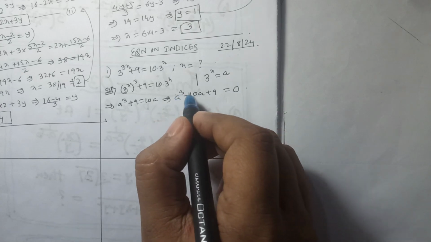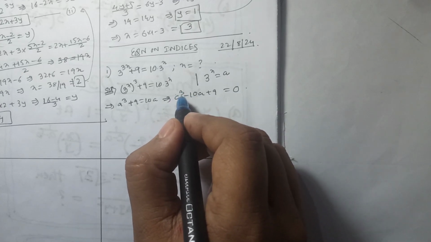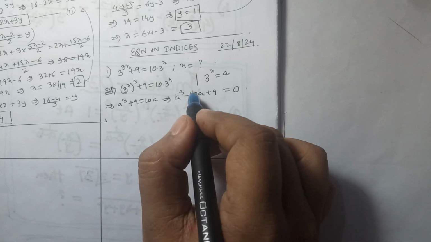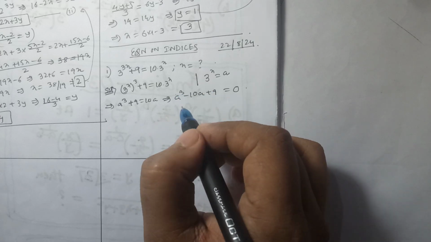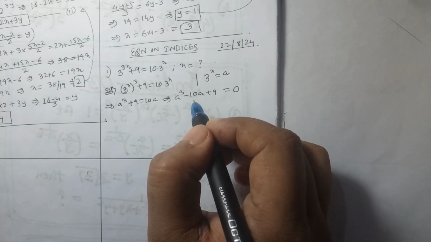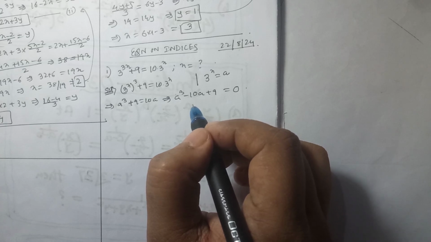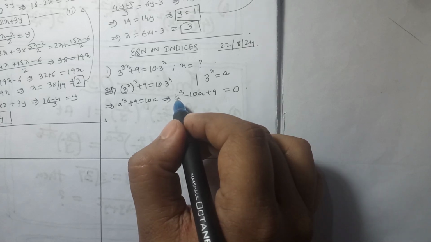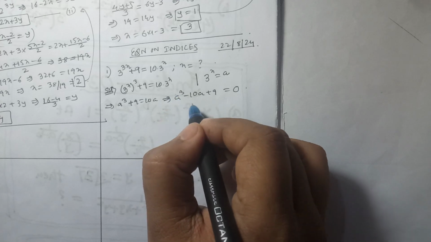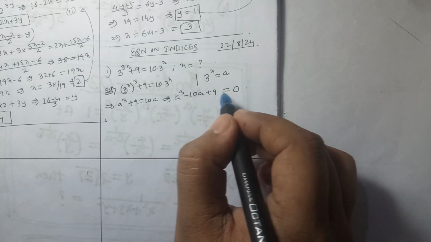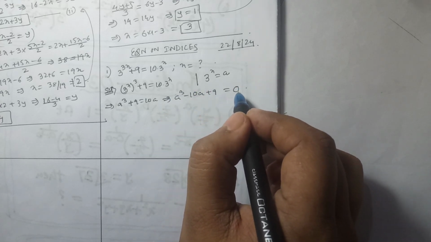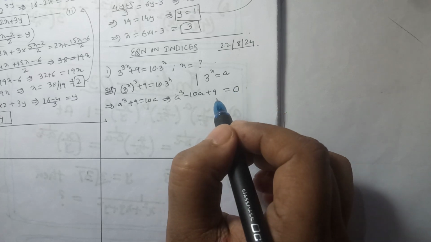For a cubic, we cannot do a mid-term split. Had it been a quadratic equation, we could have done the mid-term split, but it's a cubic one, we cannot. So by trial and error method, we'll try to find the value of a for which the expression on the left hand side is equal to the right hand side, which is 0.